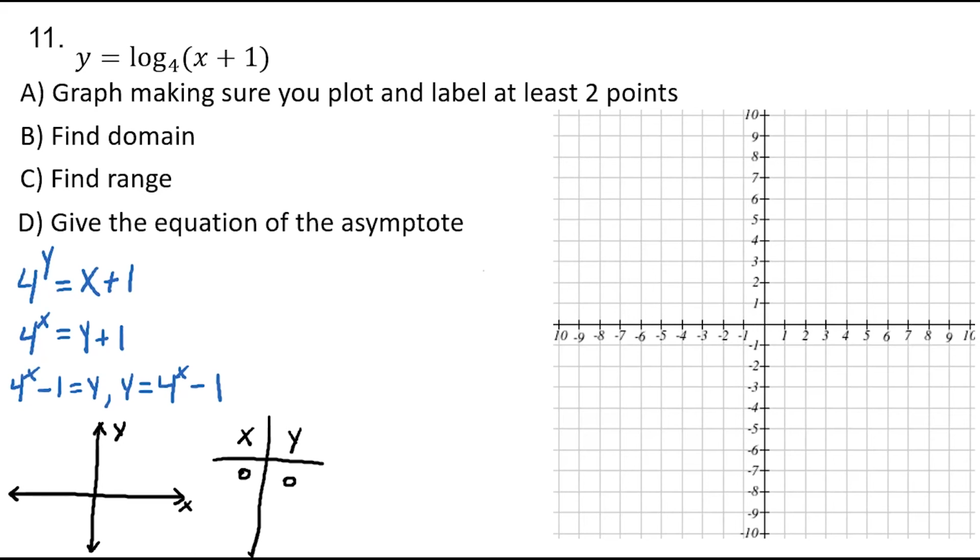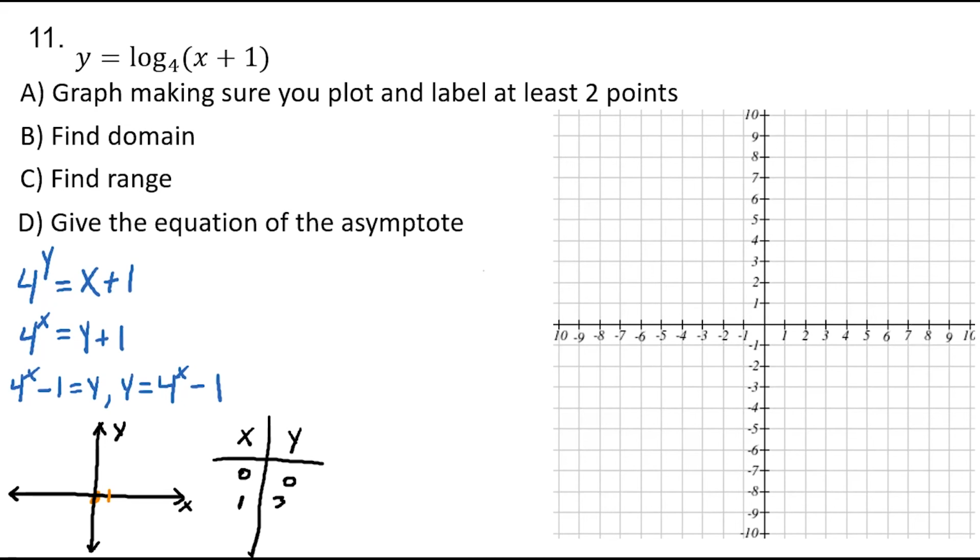So that's right here. Next, let's choose positive 1. When I plug in positive 1, 4 raised to 1 is 4, minus 1, so I get a 3 for my y value. So actually, let me add some tick marks.